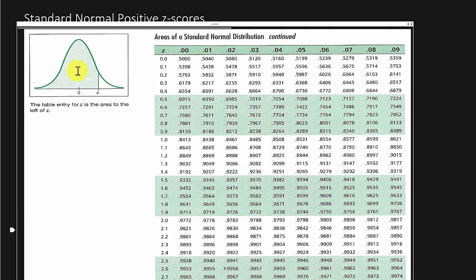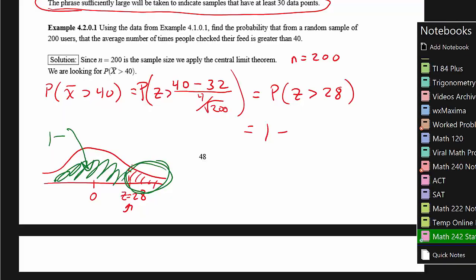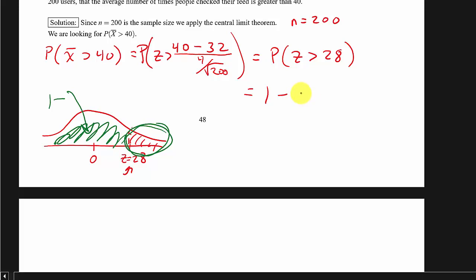And that's giving you the area to the left of that z value. So the area to the left here is actually 1, and so this is going to be 0. The area is not exactly 0, but it's so small that we say it's 0.